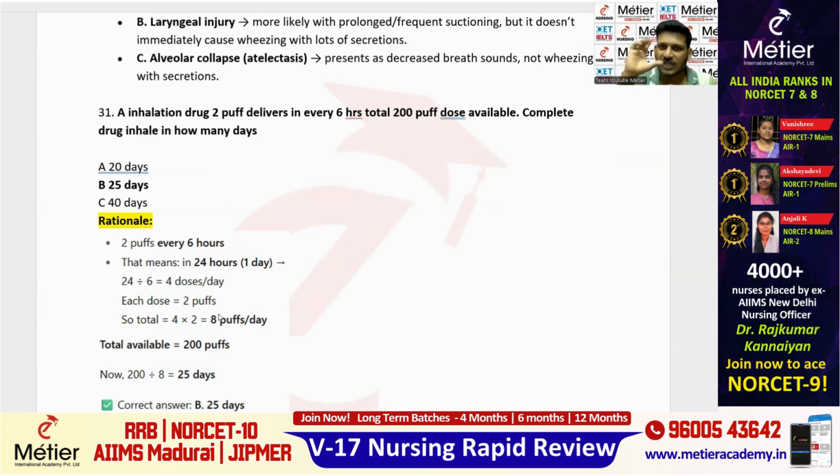The available dose is 200 puffs, so 200 times you can do the puffing. In 6 hours, the patient is taking 2 puffs. So in 6 hours 2 puffs means in 1 day, how many puffs will be there?